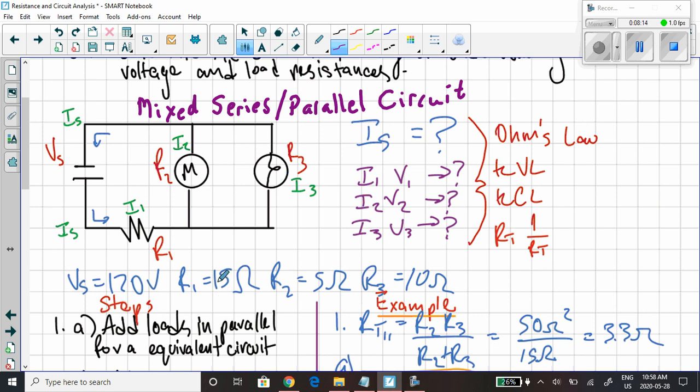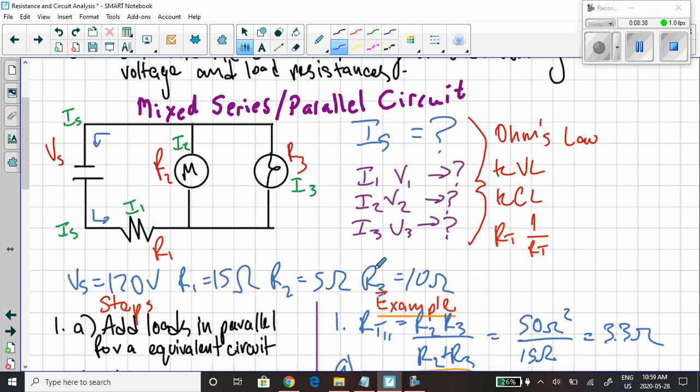Well, we know that the resistance of this resistor, R1, is 15 ohms. The resistance of the motor here, R2, is 5 ohms. We know that. We've been told that. And we know that the resistance of the light bulb is R3 and it's 10 ohms.